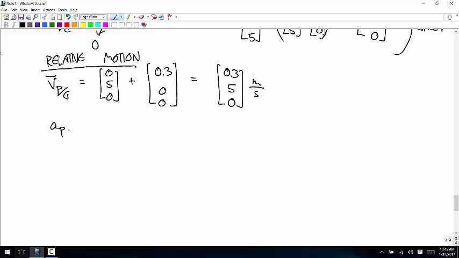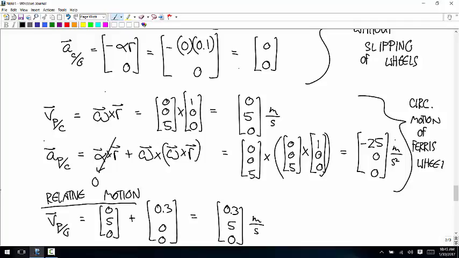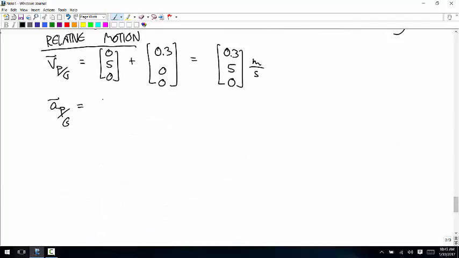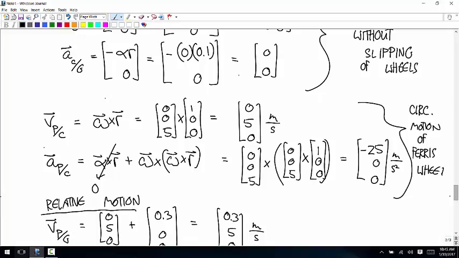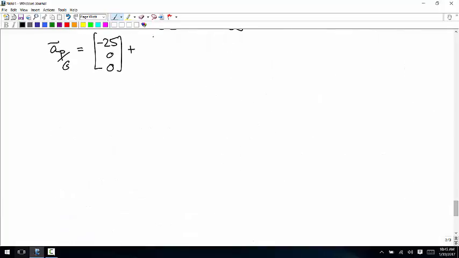And the acceleration of P relative to the ground is negative 25, 0, 0 plus 0, so negative 25, 0, 0. Any questions about that one?